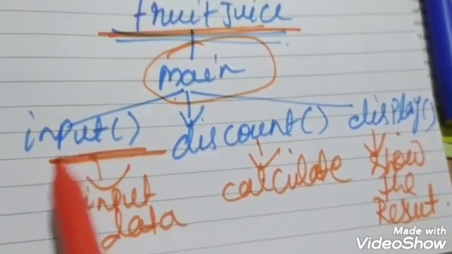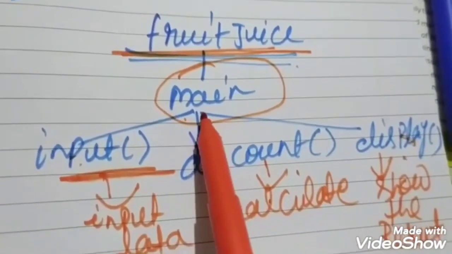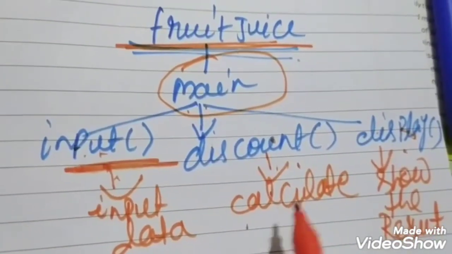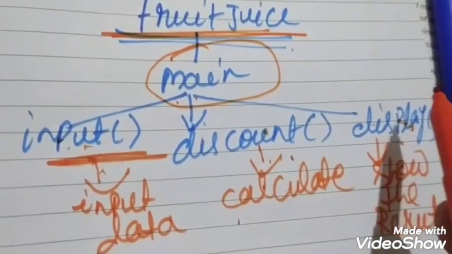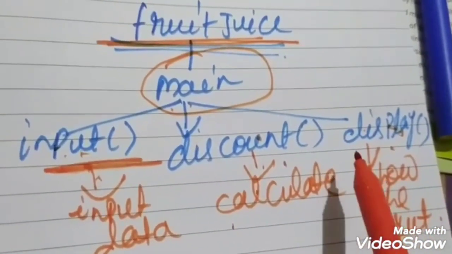Okay, this is the work divided among the methods. So the main method invokes these three methods: the input method inputs data, the discount method calculates the discount, and the display method shows the result or whatever is asked by the question.